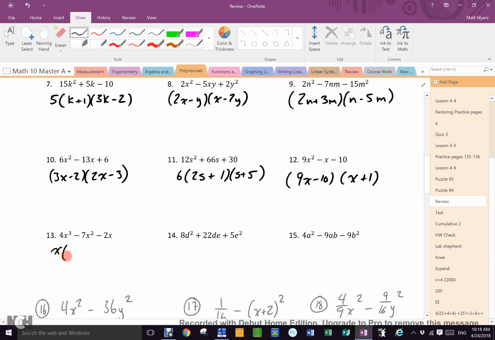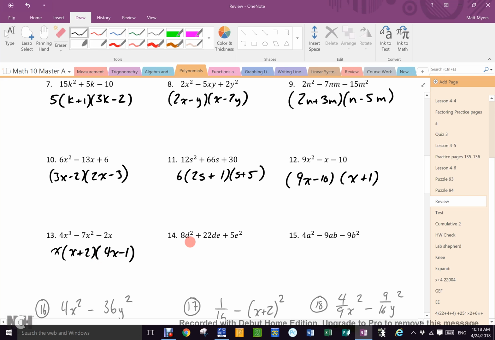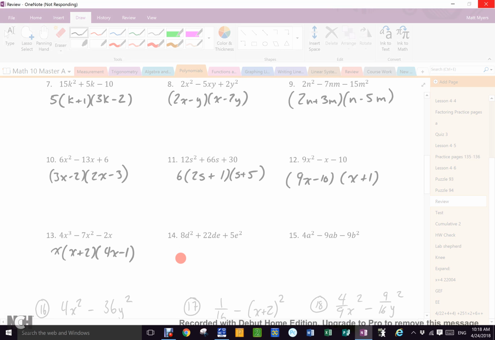X on the outside. 4x plus 1, x minus 2. And? Yep. 14. 2d plus 5, 4d plus 1. 2d plus 5e.